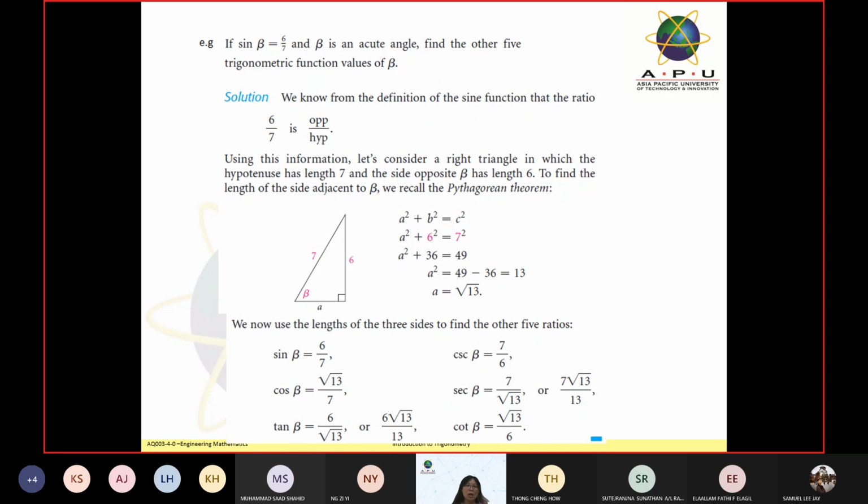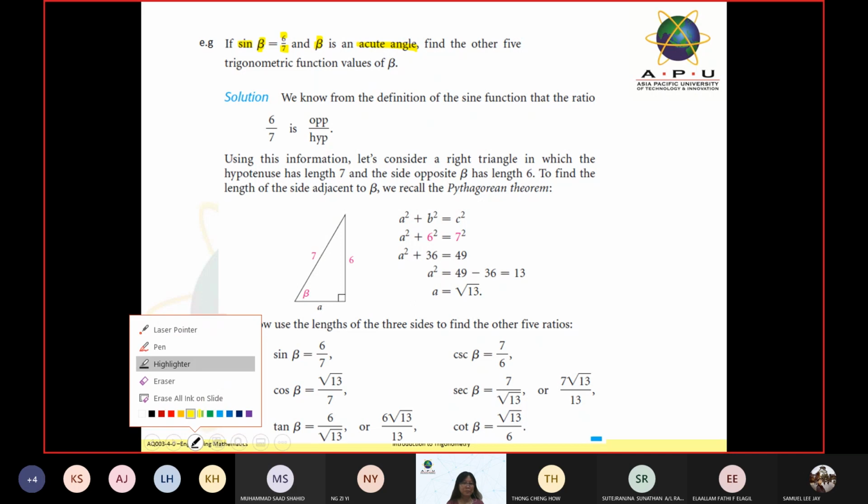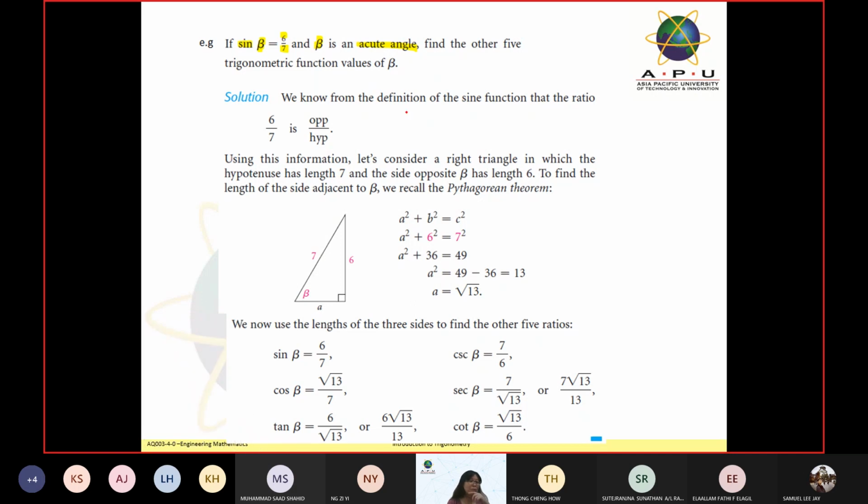For the next question here, we have sine beta, which is given as 6 over 7. Beta is an acute angle. Now, does anyone know what an acute angle is?